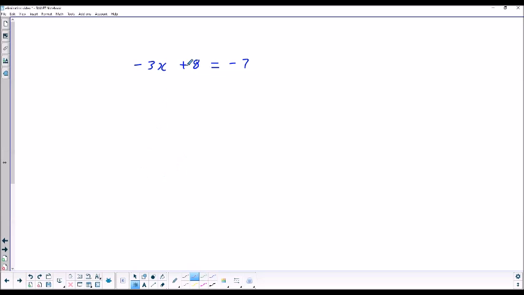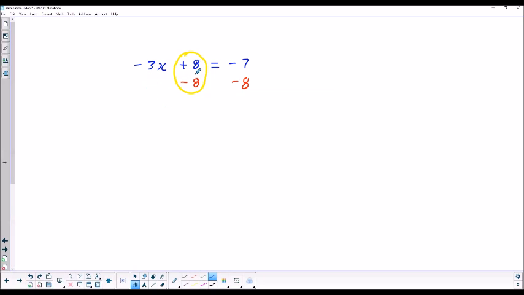In order to form 0 using that +8, I need to subtract 8. And you have to subtract 8 from both sides because it's a balanced equation, so we have to do the same thing to both sides. That's the 0 pair. So what's remaining in this equation?